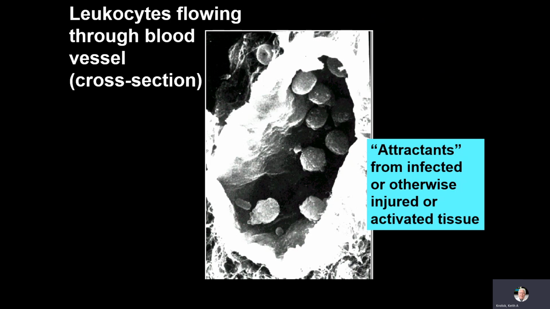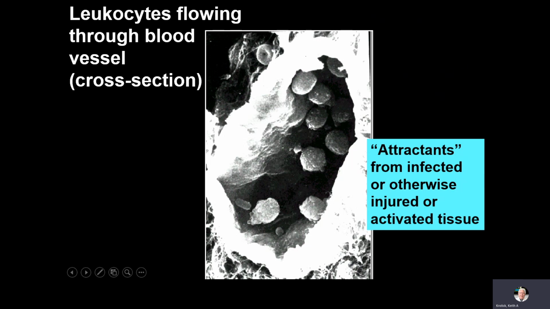So what we're going to need to do is widen that gap and sort of open a door that allows the cells that you can see flying through the bloodstream right here inside the blood vessel. We need to get these white blood cells, these leukocytes, out of the blood vessel and to wherever the site of the infection is. So let's pretend for a second that the infection is going on over here to the right.